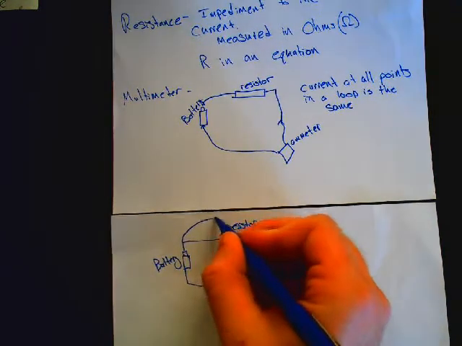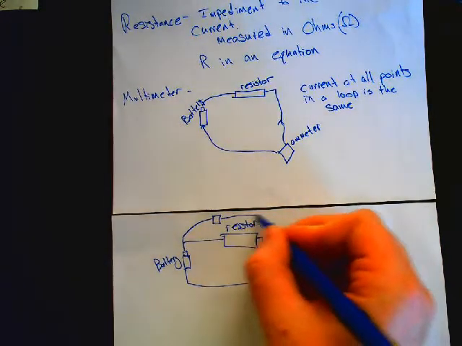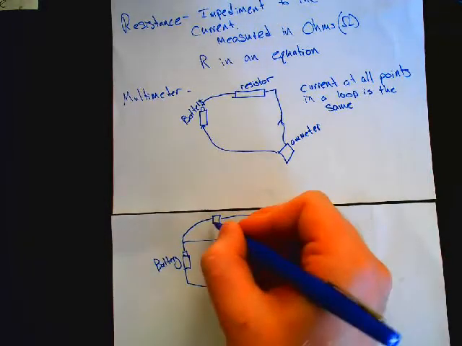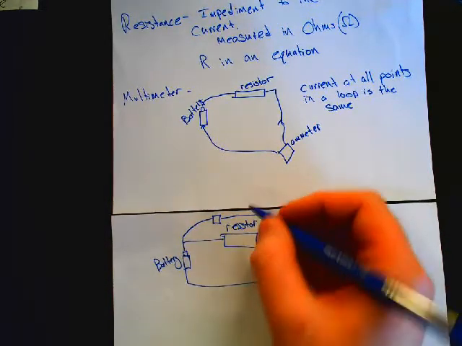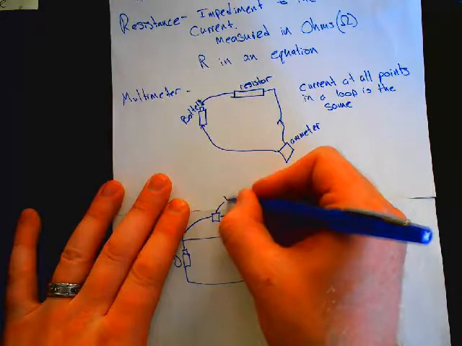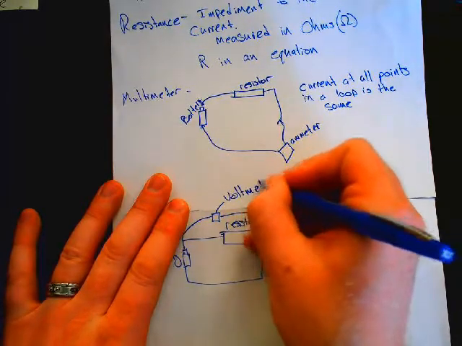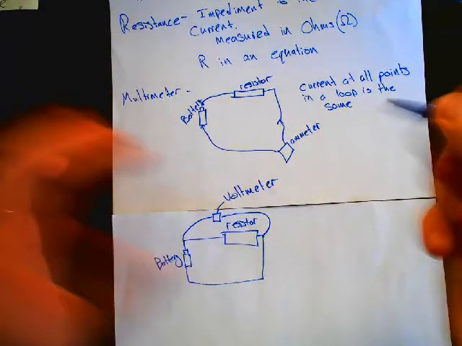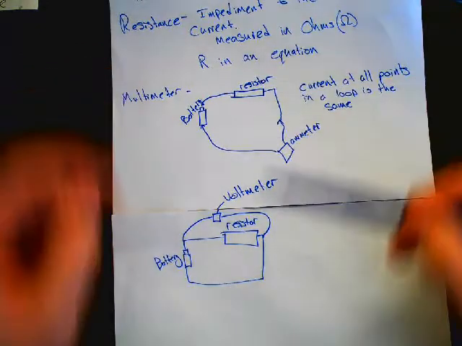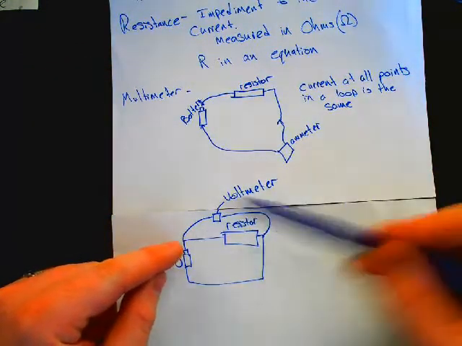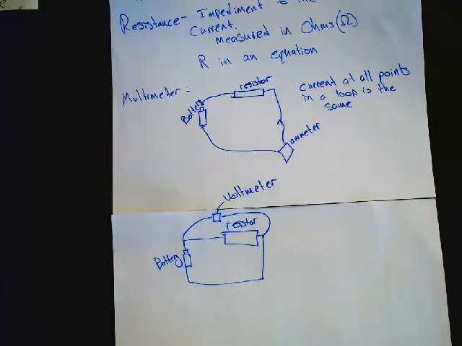I want to connect my multimeter here in a separate path that goes around the resistor. And this would be my voltmeter. So the current is one loop; to measure voltage, a secondary loop goes around the resistor, or whichever object you're trying to measure.